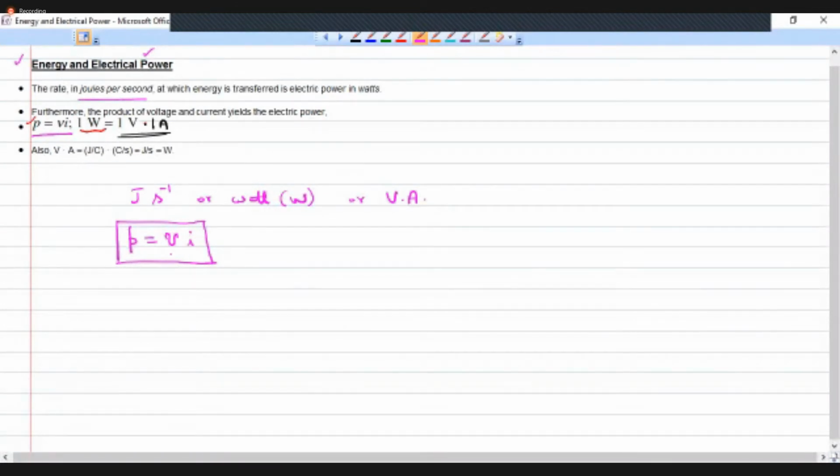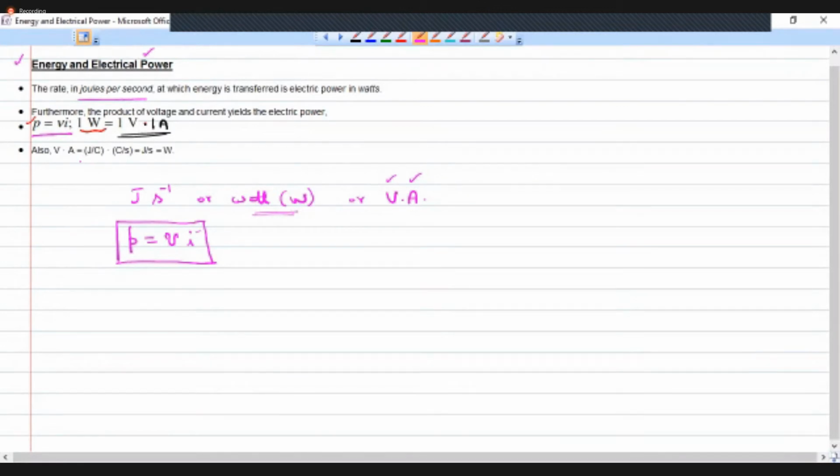The unit of voltage, or the potential, is volt, and the unit of current is ampere. So we can have V into A as the unit of power, or we can simply call it watts. Okay. So that's the real power we are talking about.